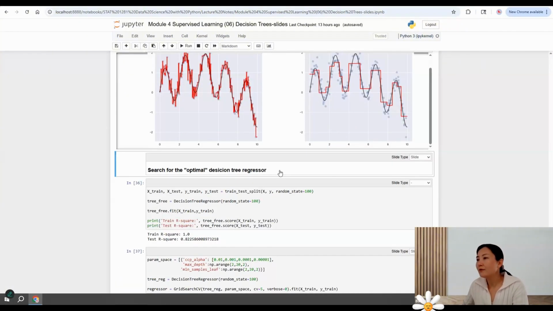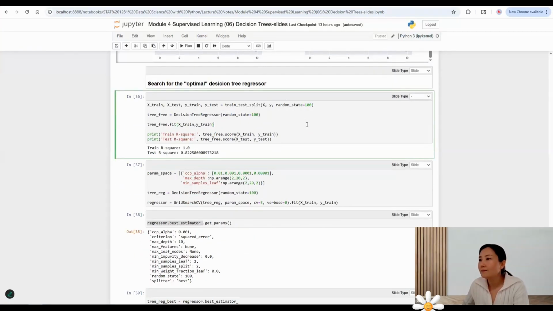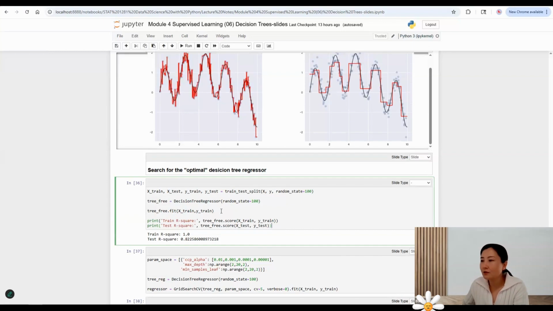Then let's see how to find the optimal decision tree. This part is a measure of the decision tree without any restriction. Calculate the R square for this case, the left tree.